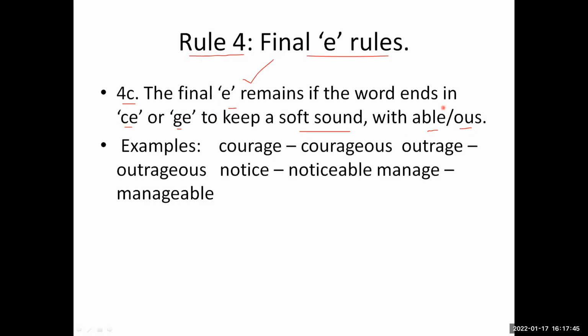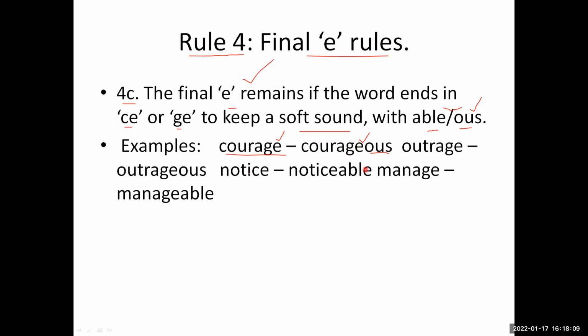If there is an able suffix or an OUS suffix, that E will remain as it is. See the example, courage. It is ending with E and the suffix is OUS. So it becomes courageous. In that case, E remained as it is. It is not dropped.